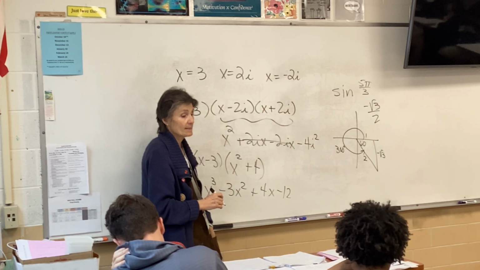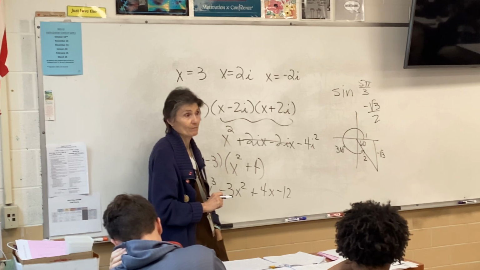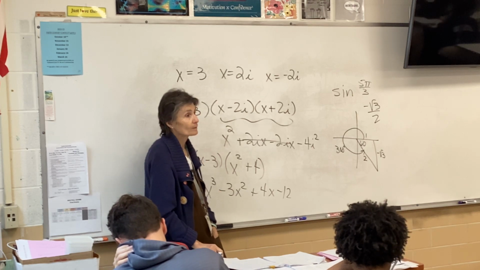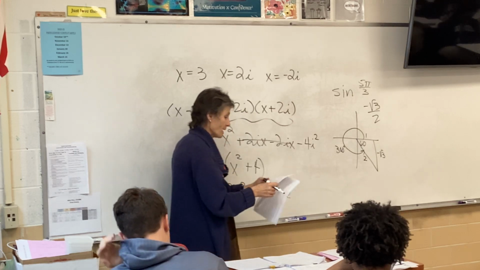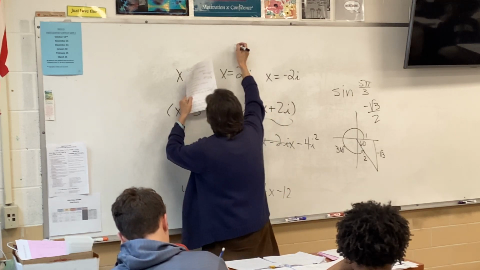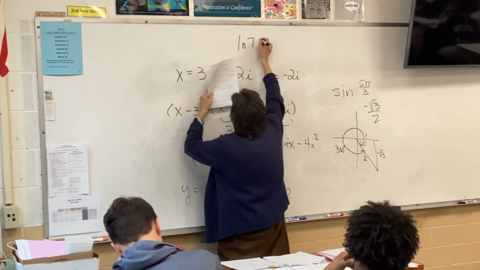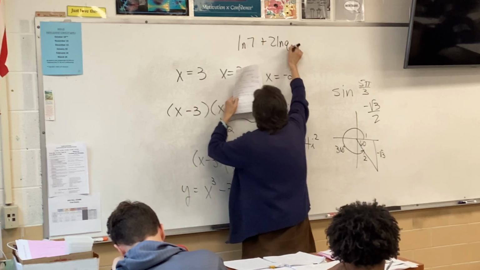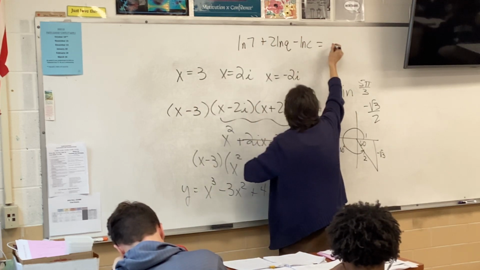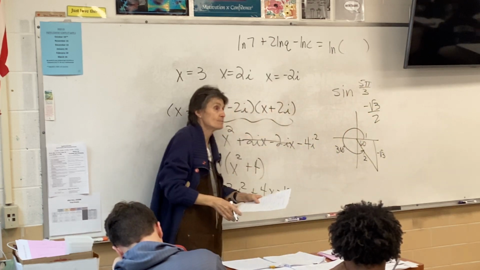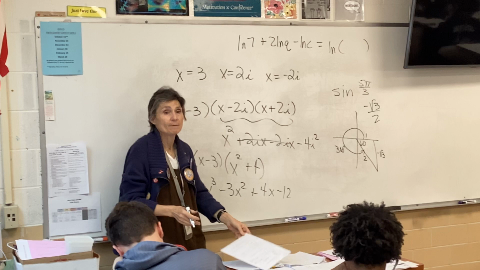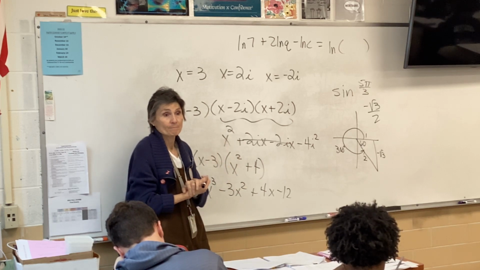Who else? Anything front or back of mini review? Yes? 6. Which one? 6. Write as a single logarithm. Okay, well this isn't very old to us. We are going to write this as ln something. Instead of having 3 logarithms, we're going to push them together and make 1 logarithm.